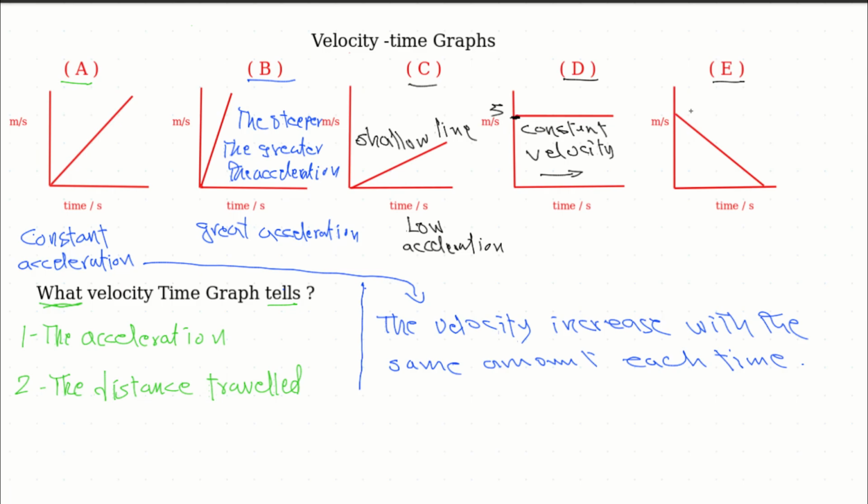And what about velocity time graph E? We have a downward line. As you see, this line goes downward. If we calculate the gradient of this line, we will find that the gradient is negative. A negative gradient in velocity time graphs is interpreted as negative acceleration.